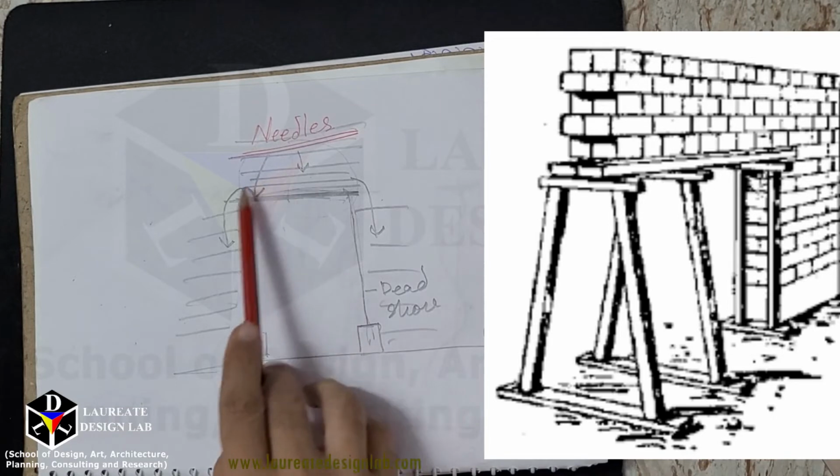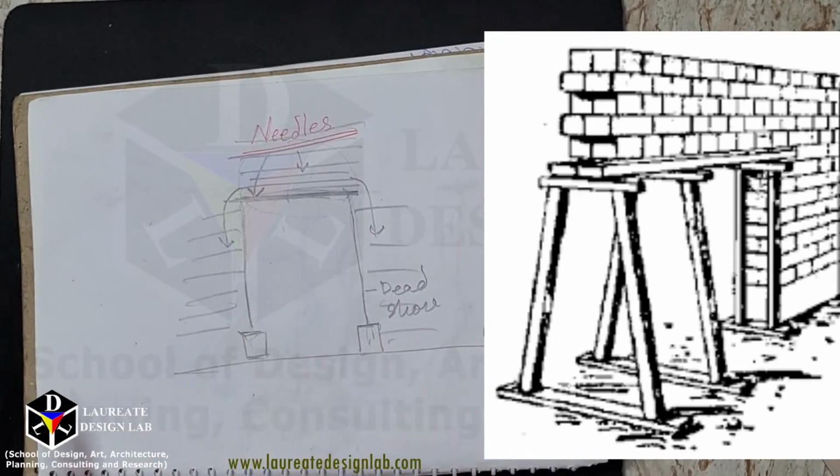This situation may crop up at any level: first floor, second floor, third floor, foundation. If you want to reinforce your foundation, in that case also you need to have the needles and dead shore system in place before going for the excavation and breaking the damaged part of the foundation and working over it.